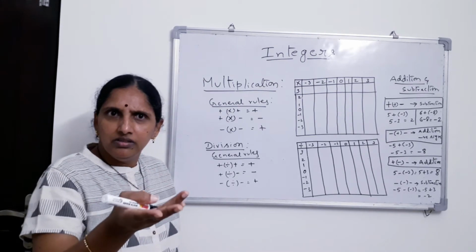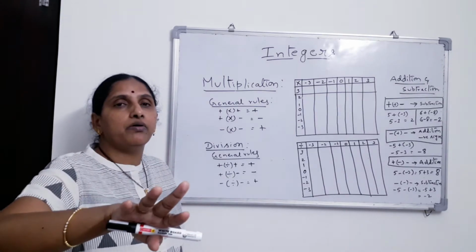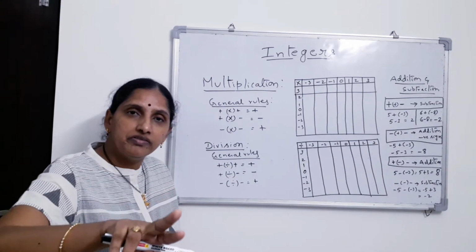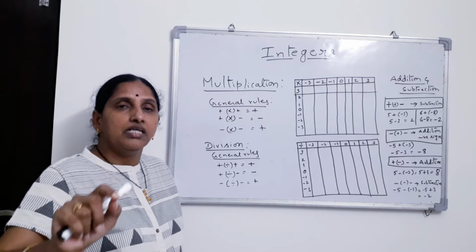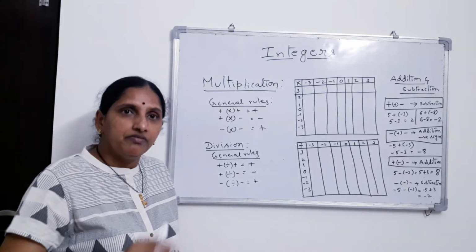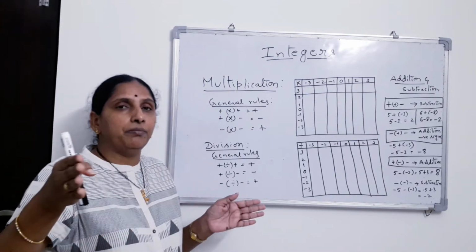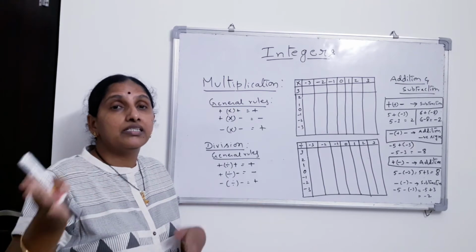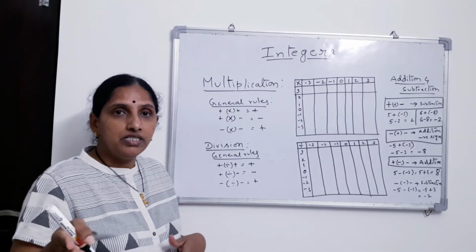Other way around, whenever there is an even number of negative integers in a multiplication, the result is always positive.